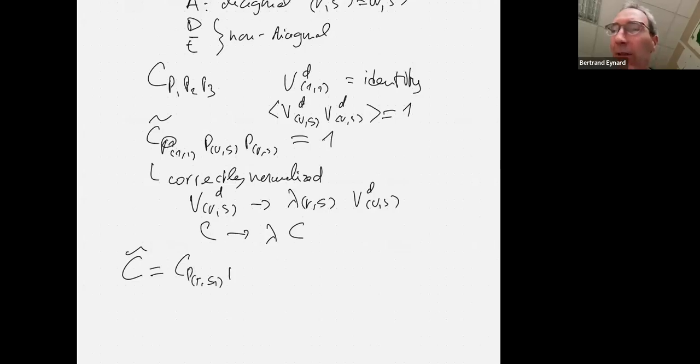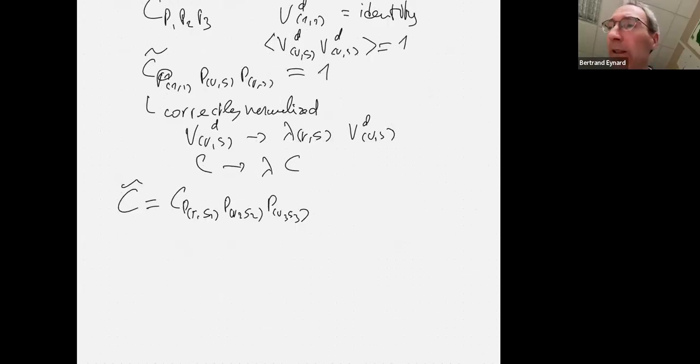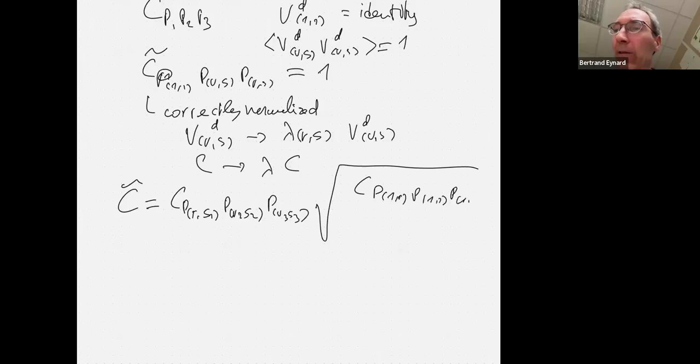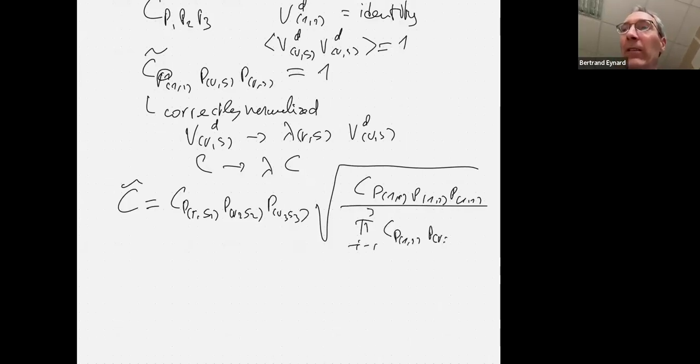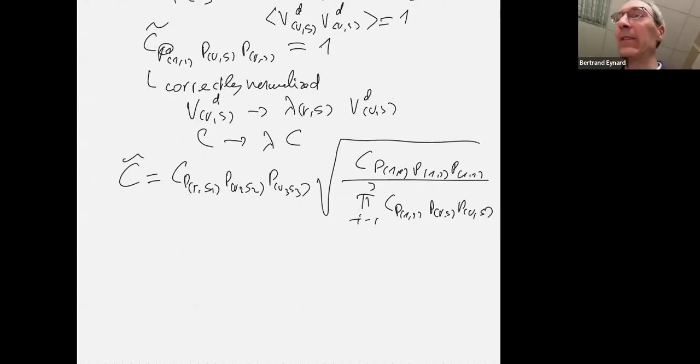But then you have these normalization factors, which are square root of C P11, P11, P11 over the product i equals 1 to 3, C P11, PRS, PRS. So the claim is that this combination obeys the assumptions about the identity and about 2-point functions. And therefore, this is the solution of A series minimal models.